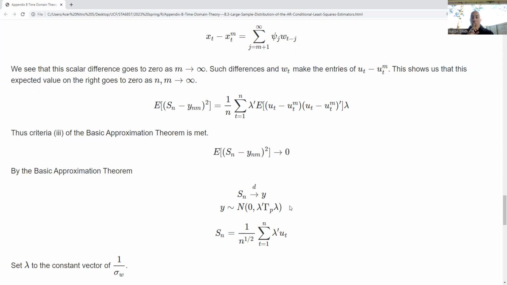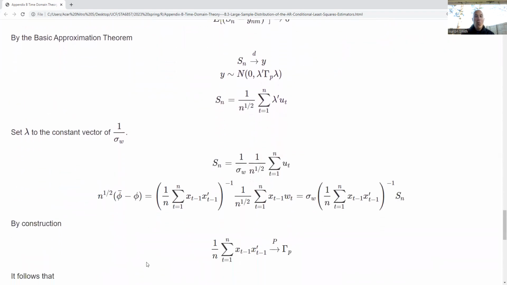All right, so now let's rewrite what S sub n is just so that we know. Now what we're going to do, I'm going to replace this lambda vector with a constant 1 over the standard deviation of our white noise. Why did I choose it? Because the math works out. It's beautiful.